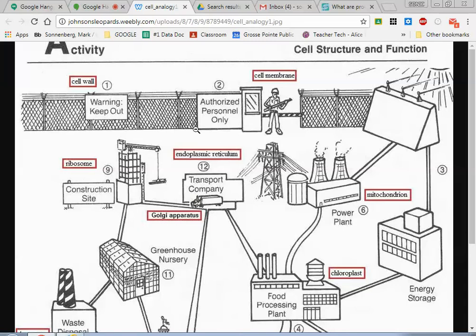The endoplasmic reticulum, you'll see diagrams refer to them as rough and smooth. Rough have ribosomes on them, smooth do not, but they're not really labeled as such here. Think of this road here going between each of them.